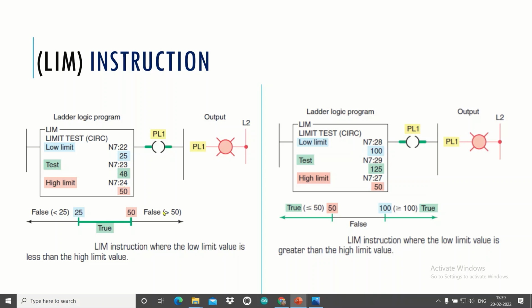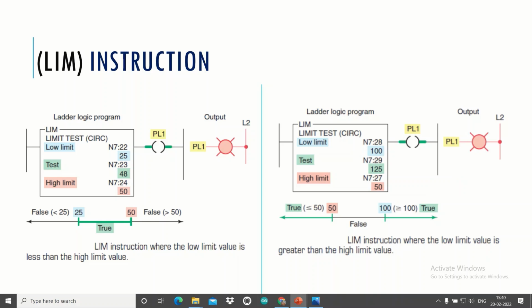If it is greater than 50, the condition will be false, and any value in between this range of 25 to 50, the run condition will be true and your output will be energized. Now let us look into the other condition.